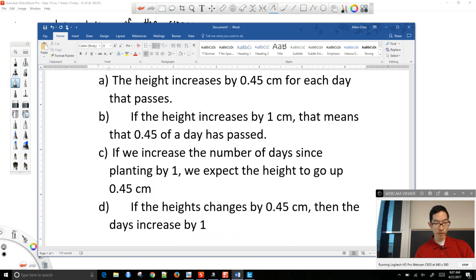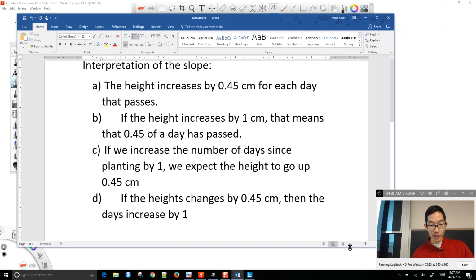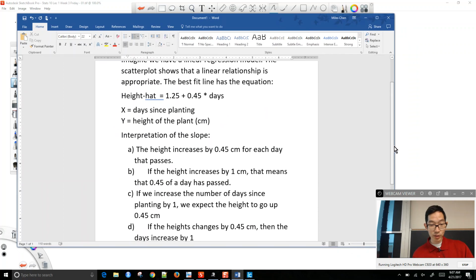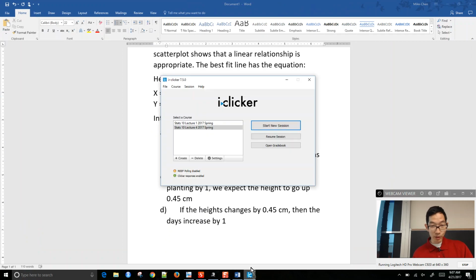Let me see if I can get this all to fit in something I can screenshot or copy. Oh, I have to turn on the clicker. Okay, let's do that.